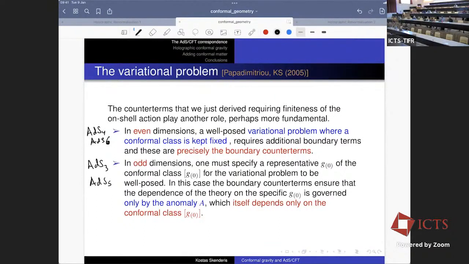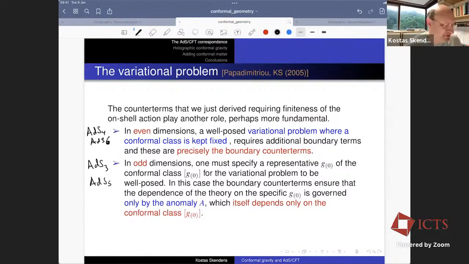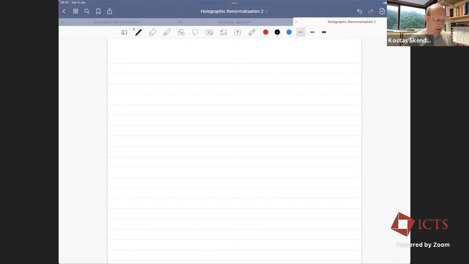Okay, because sometimes we refer to even and odd for the boundary. Yes, I know, it's always confusing, and it's probably always good to add the word bulk or boundary dimension. Any other question? Okay.